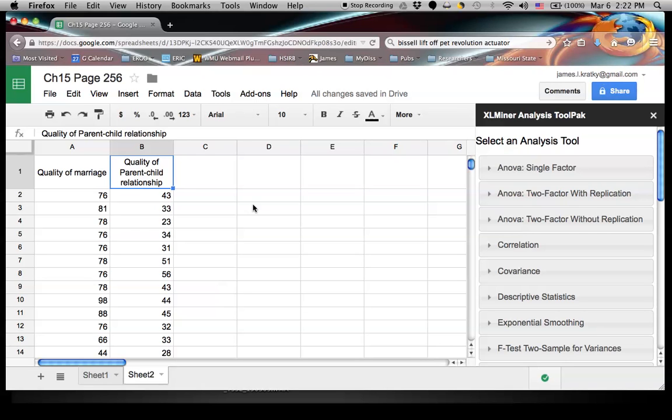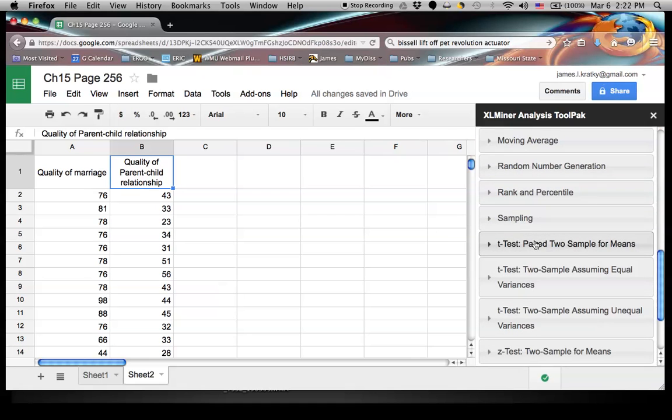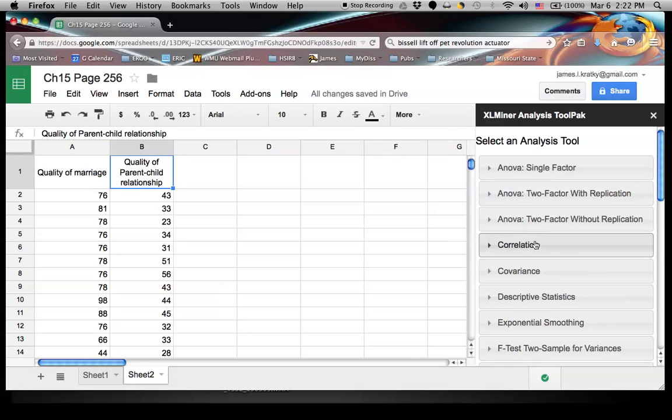Now, since this is a correlation, I do suggest running a scatter plot on this. You can review how we did that previously, and you can generate a scatter plot. But we'll go ahead and run this correlation here.